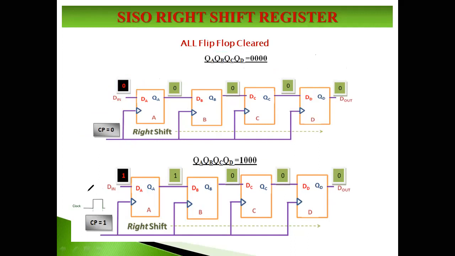Now we are going to give the first clock pulse. So the first clock pulse is given, clock pulse 1. For the first clock pulse, flip-flop A alone will respond.